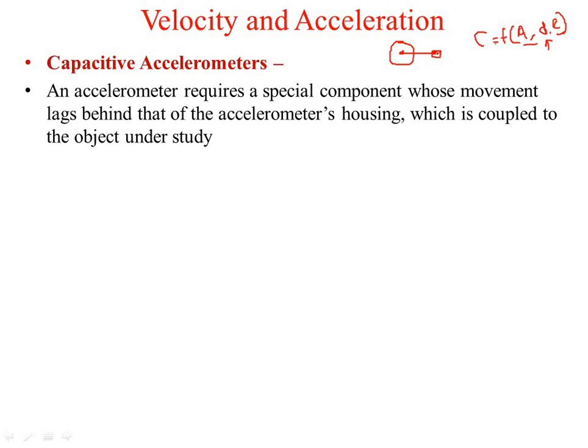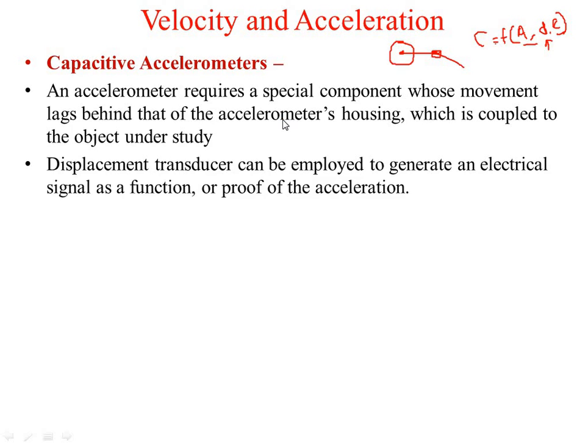You can easily find out the acceleration, and you can easily find out the speed also. So that is connected with this one, and this housing will lag behind the actual movement. So whenever you are coupling with such kind of devices, the accelerometer requires a special component.